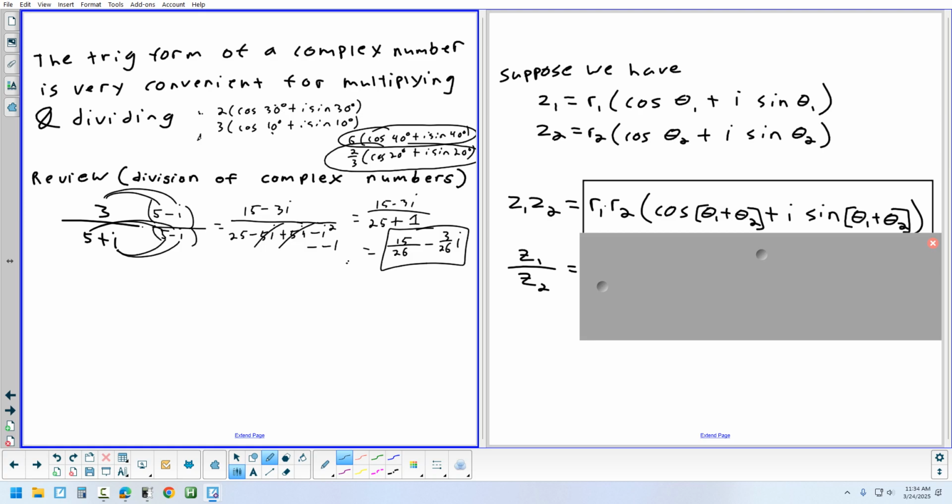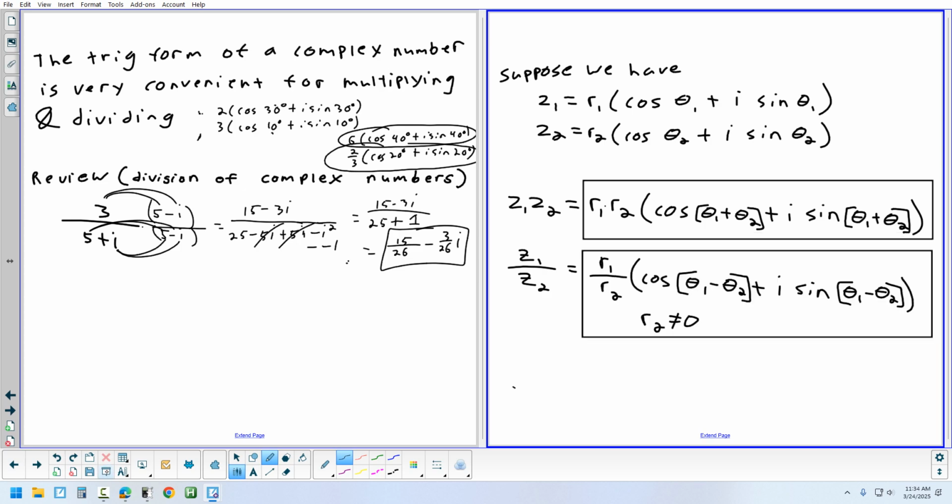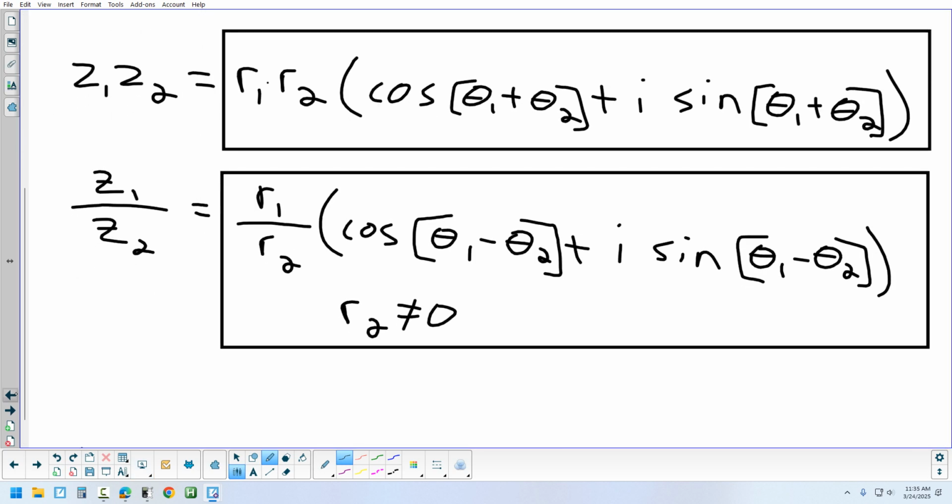You divided the 2 and the 3 and then subtracted the angles. Yeah, I just divided my two radii and I subtracted my angles.